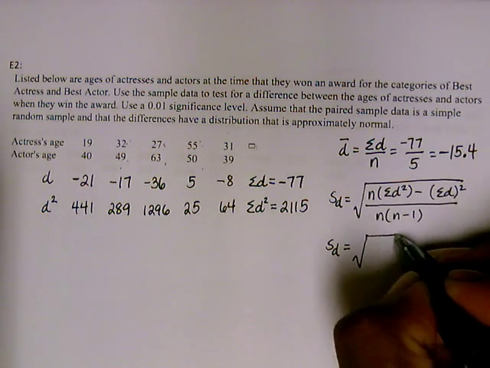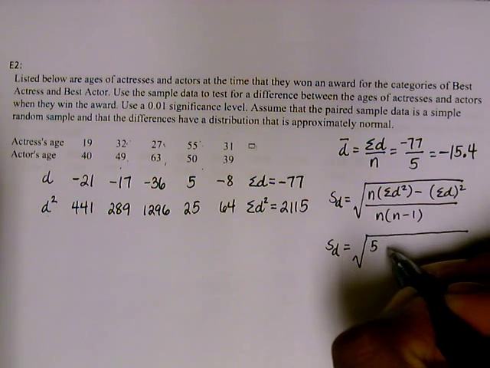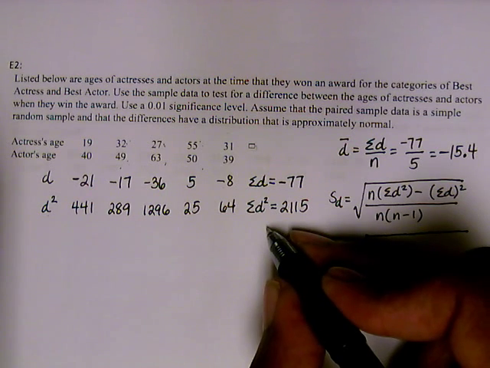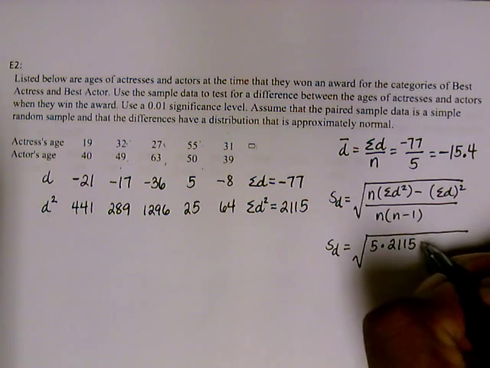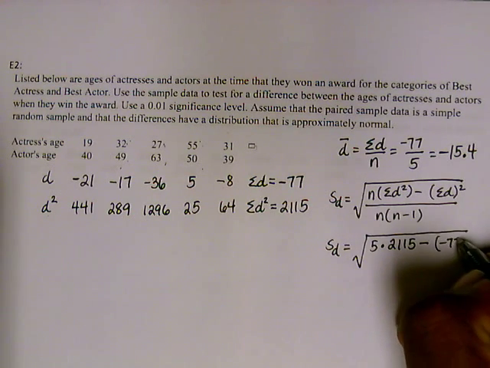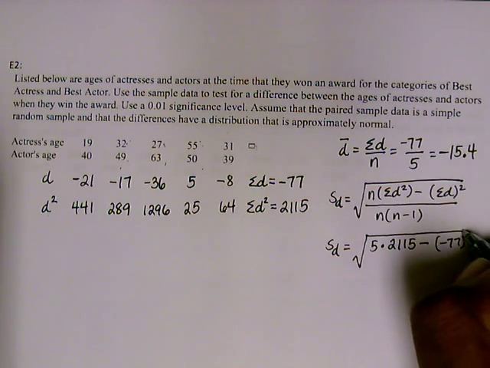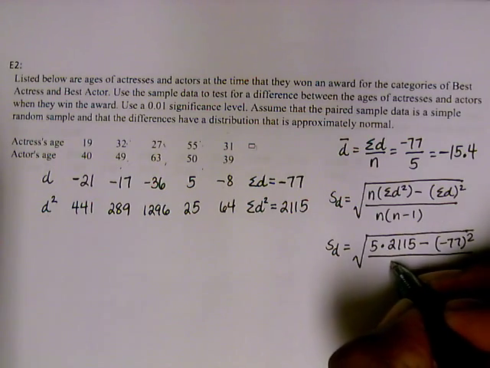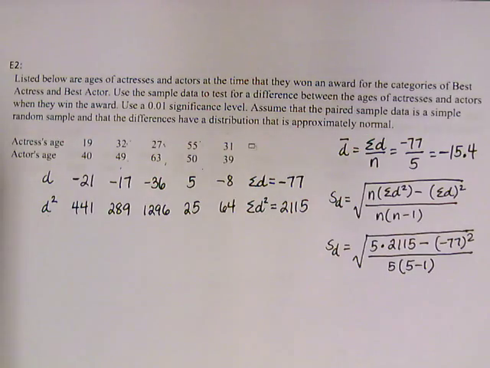I have the square root of n, which is 5, that's the number of paired data, times the sum of your d squares, that's 2,115, minus negative 77, which is the sum of your d's, and that's going to be squared. All that's divided by n, which is 5, so that'll be 5 times parentheses 5 minus 1.